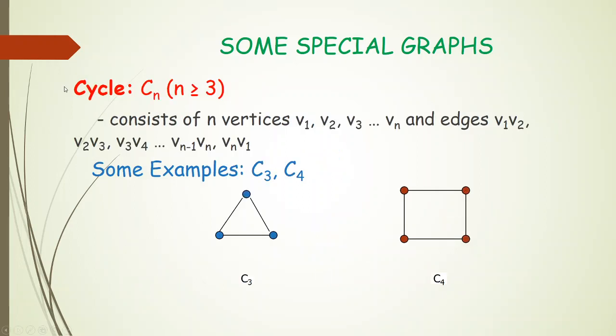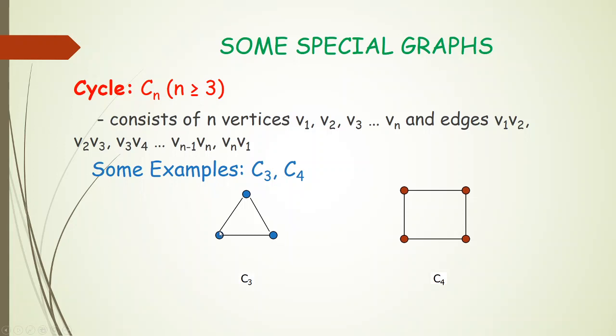And then you also have your cycle, C sub n. Your n is greater than or equal to 3. So you need at least 3 vertices to create a cycle. So this is your C3, cycle of order 3. So this consists of n vertices v sub 1 to v sub n and edges v1v2, v2v3, v3v4 up to vnv1.